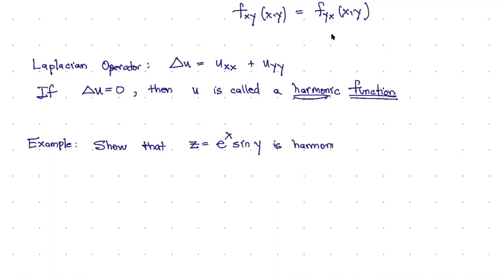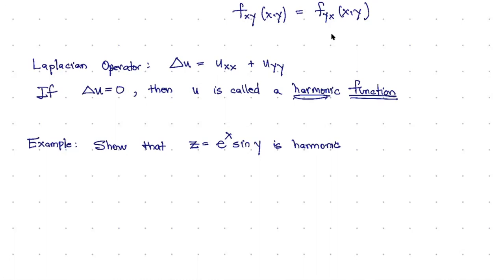And you're going to find that functions that are harmonic tend to be these sort of separable type of functions where you have one function that's in terms of x and then the other function is in terms of y. That's usually a visual cue.